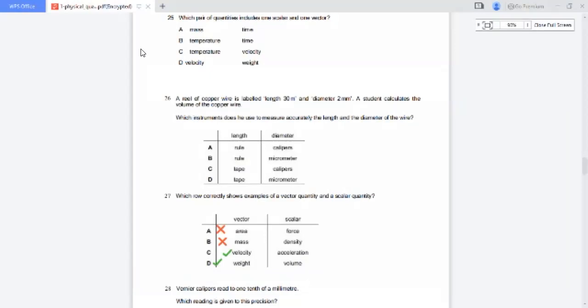On the scalar side, density is a scalar quantity and volume is a scalar quantity. Whereas acceleration is not a scalar quantity and force is not a scalar quantity. So the correct option, which contains both scalar and vector, is option D.